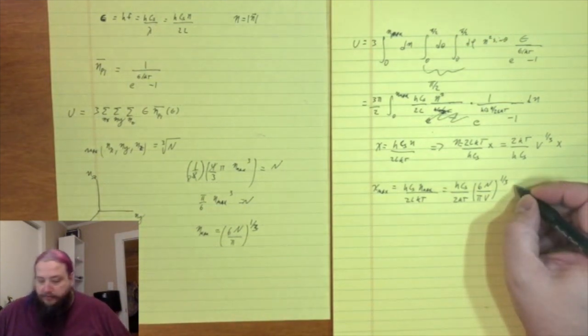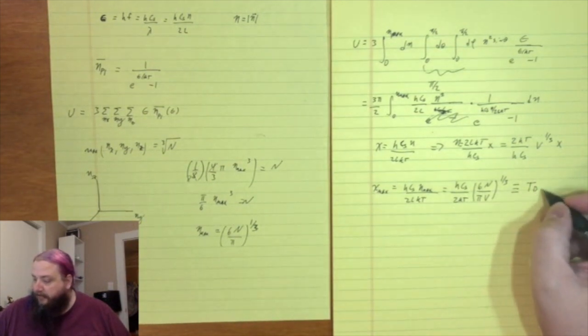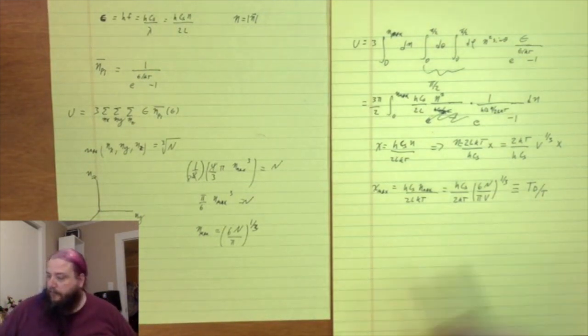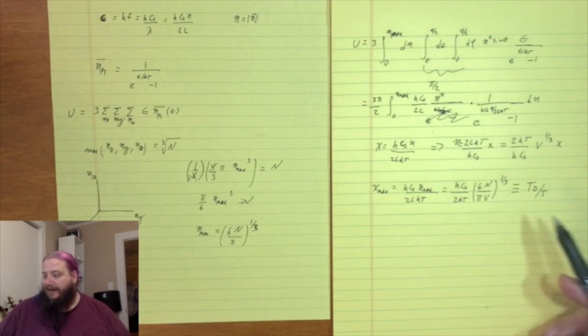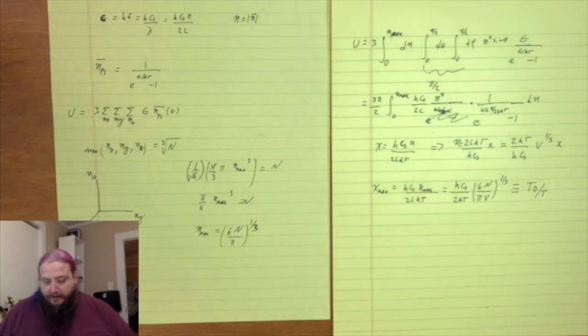And we're going to define that as the so-called Debye temperature over T, where this Debye temperature is a characteristic temperature for our distribution here.